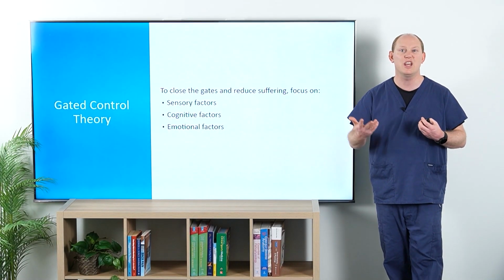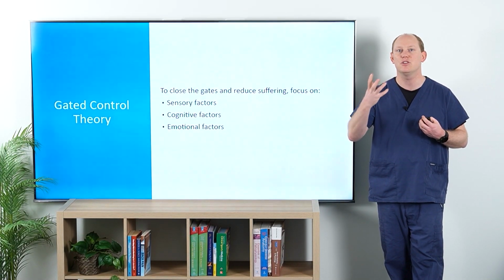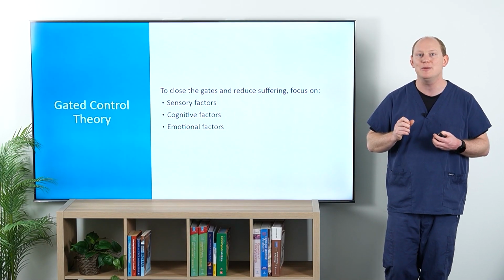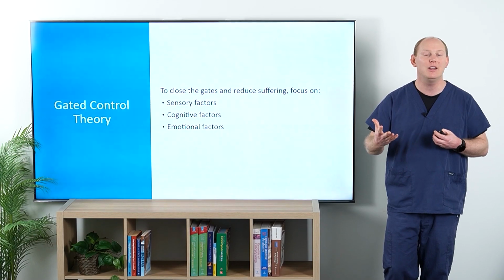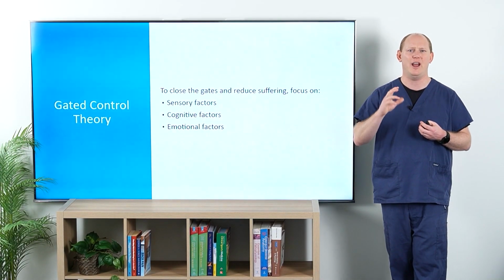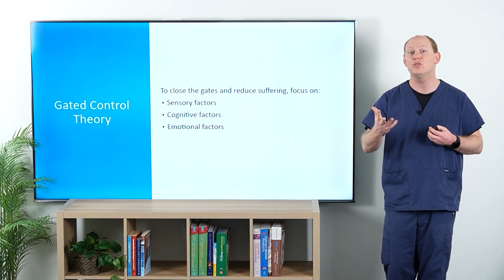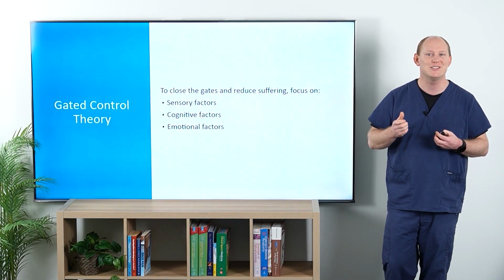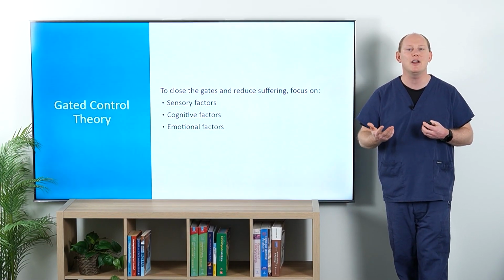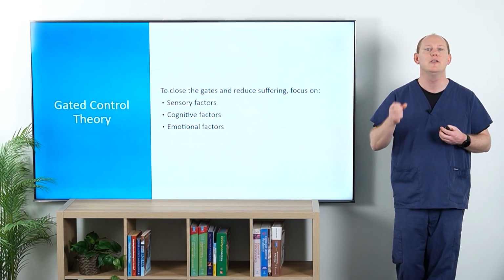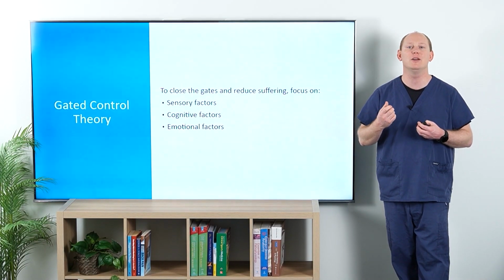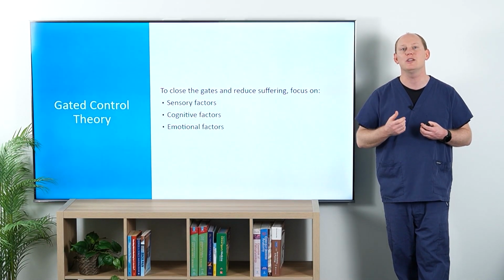Let's focus on those sensory factors, including increasing activities, short-term use of pain medication, relaxation training, meditation; some of those cognitive factors, including outside interests, positive thought training, distracting oneself from the chronic pain; and then the emotional factors: creating a positive attitude, overcoming depression, feeling reassured that the pain is not harmful, taking control of one's chronic pain in life, and stress management.